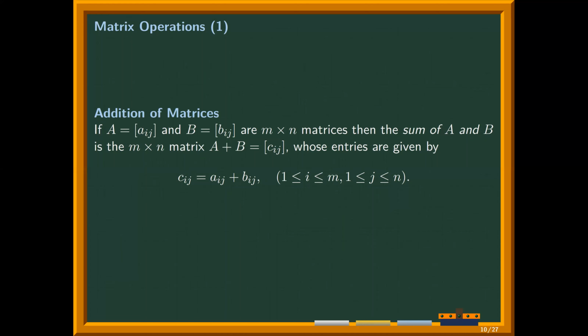Say they are both m by n. In this case, the sum A plus B is well defined, and we define it to be the matrix whose entries E sub ij are obtained by adding the respective entries E sub ij of A and B.